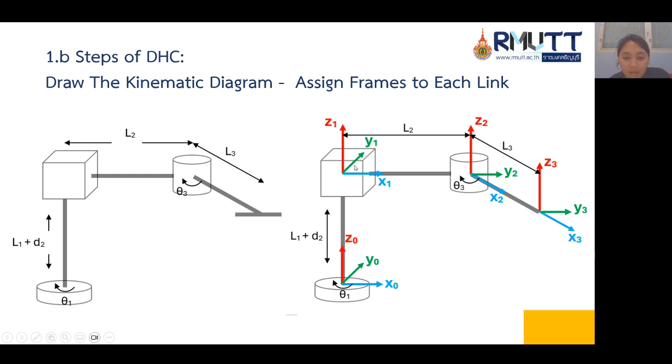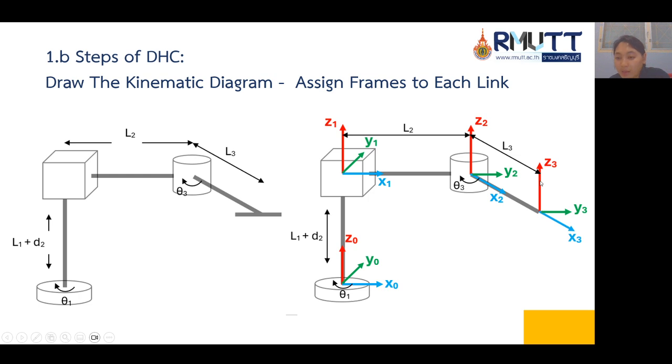And then the y is found using the right-hand coordinate system also. And after that, this is the third joint. This is rotational. We can see here this is the z-axis, this is the x-axis, and this is the y-axis.